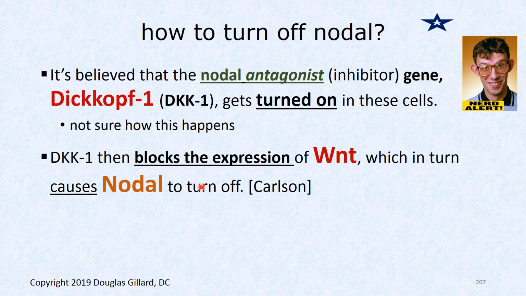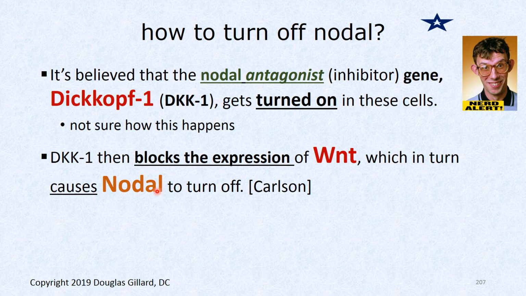So here's how it's believed it's turned off. They're called nodal antagonists. And the ringleader of the nodal antagonists is a gene called DKK1 or DDK1. And that's the one that soaks in and turns off nodal in those cells. It soaks into the hypoblast, the cranial region of the hypoblast, and turns those things on.